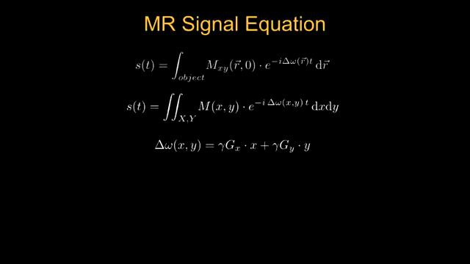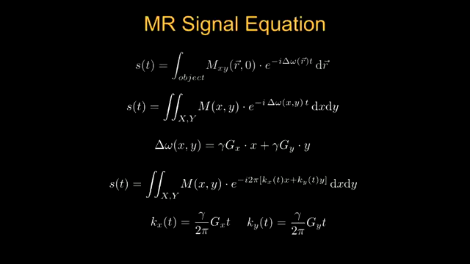And once that's done, you plug in everything and define kx to be gamma over 2 pi times Gx times t, and ky to be gamma over 2 pi times Gy times t, which is very similar to what we defined previously as the small tip approximation.